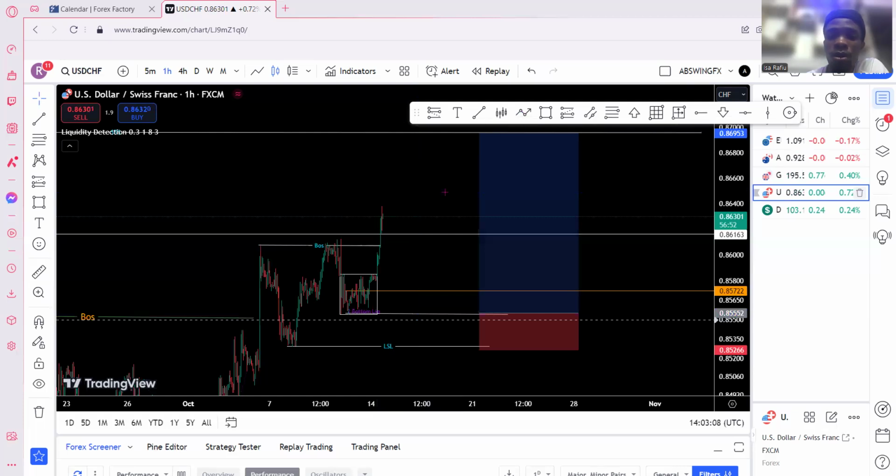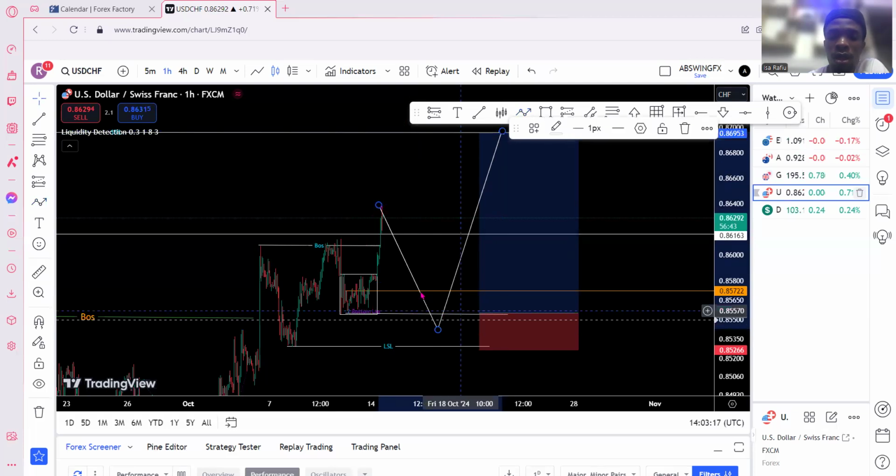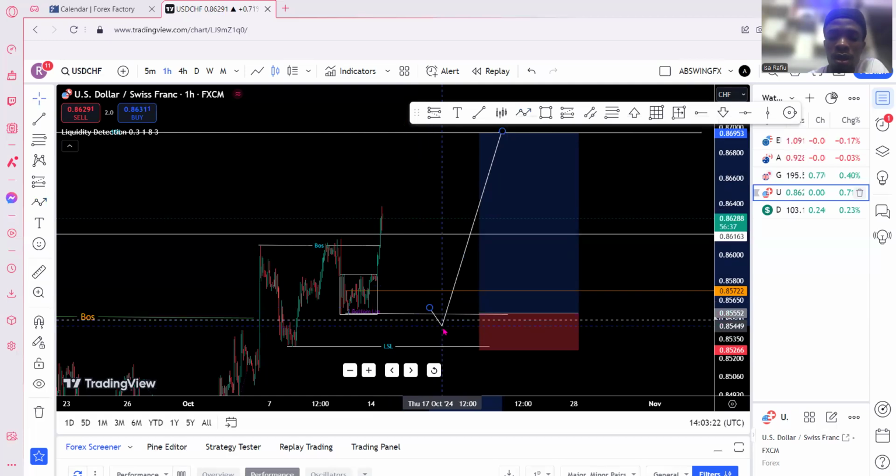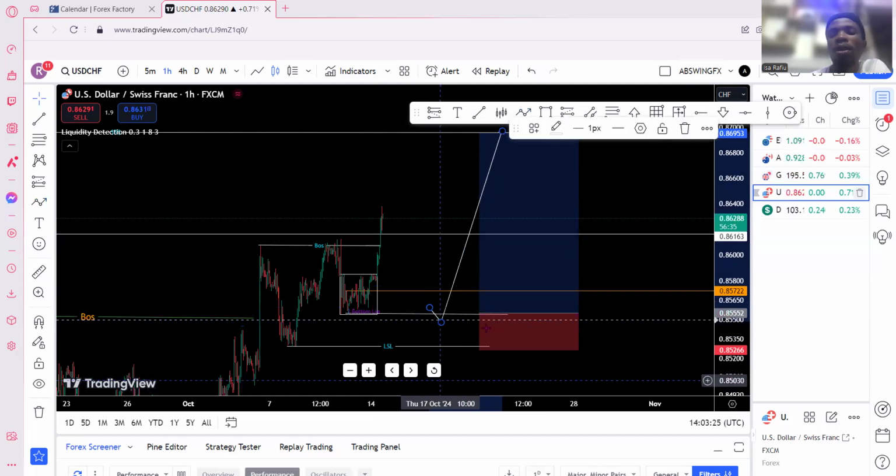So if we have a reaction back to this place, pick this liquidity. And yeah, that's a very good sign. That's when we can join the market. Sweet.